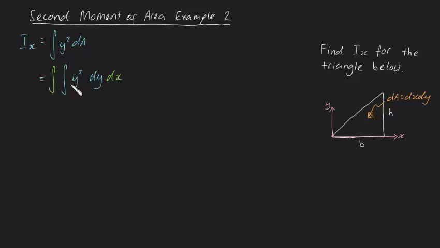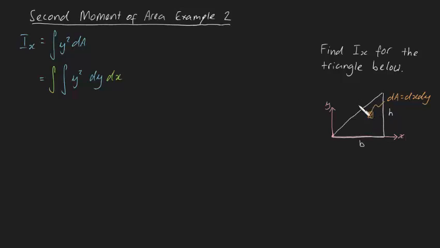Okay, so first things first, let's sort out what these limits of integration will be. Because we're dealing with a dy in our first integral, we look at the limits of what this element sweeps out. So this element will go from this point, which is y equals 0, to this point, which is, well, what is it?